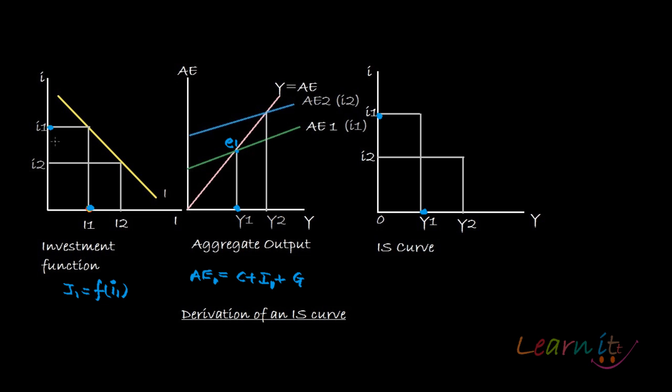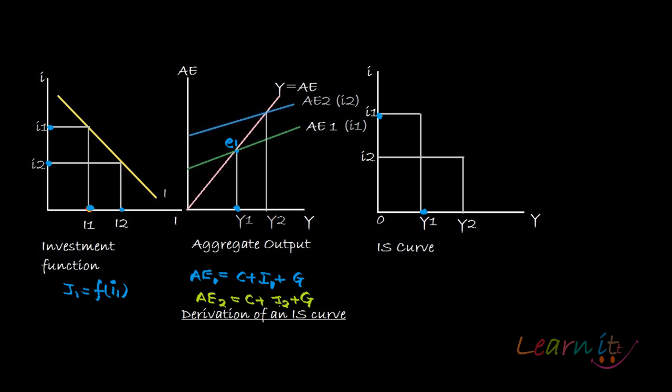When interest rates have fallen to I2, the level of investment has increased to this I2. The level of aggregate expenditure would increase to AE2, keeping consumption and government expenditure constant.